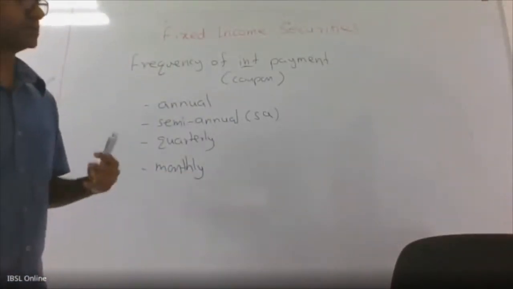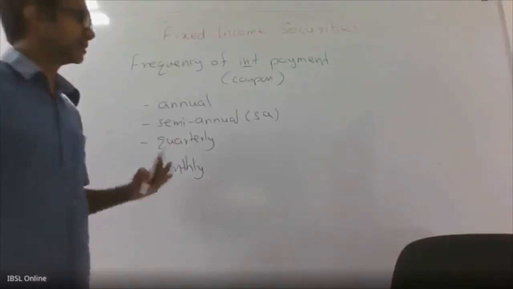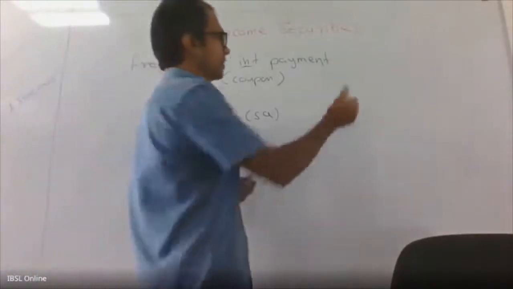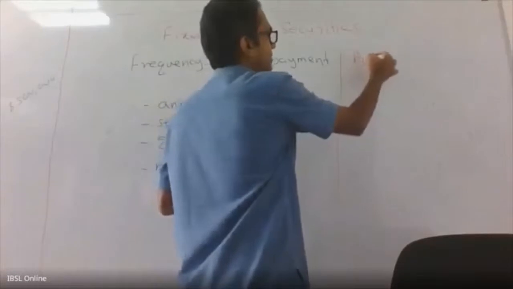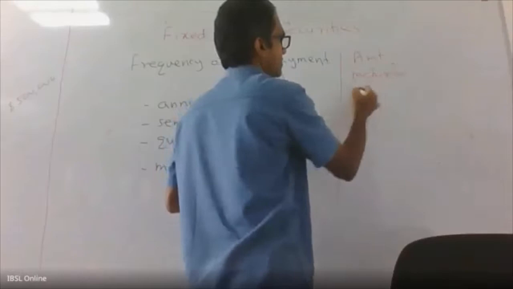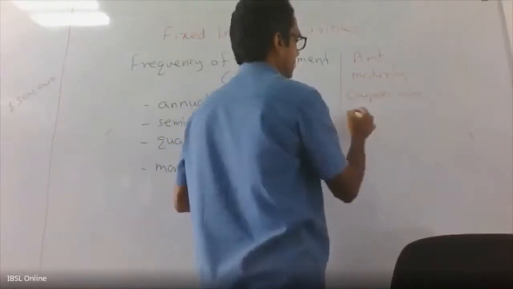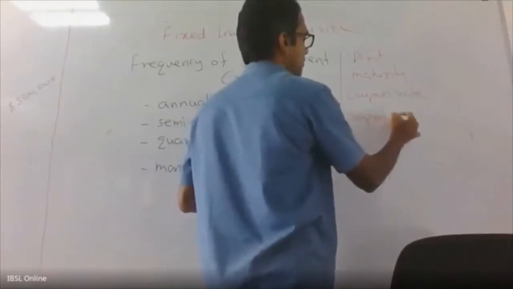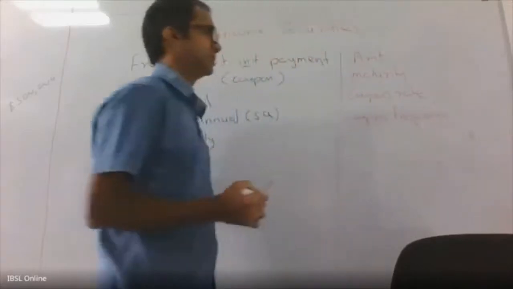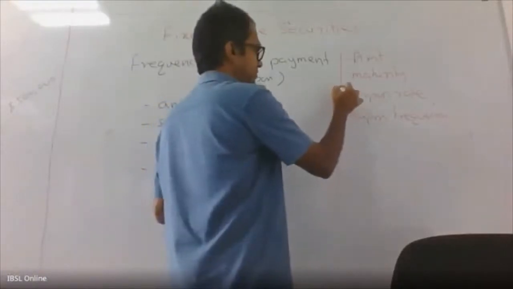In the announcement, when a party announces to the market that the party is going to borrow or issue a fixed income security, the party will announce amount, maturity, coupon rate, and coupon frequency at minimum. Sometimes this coupon rate may not be announced.